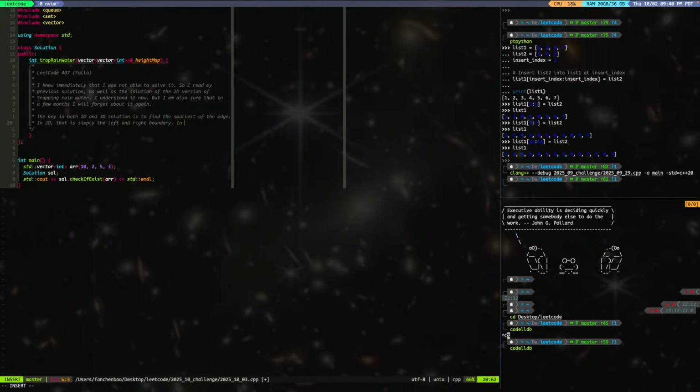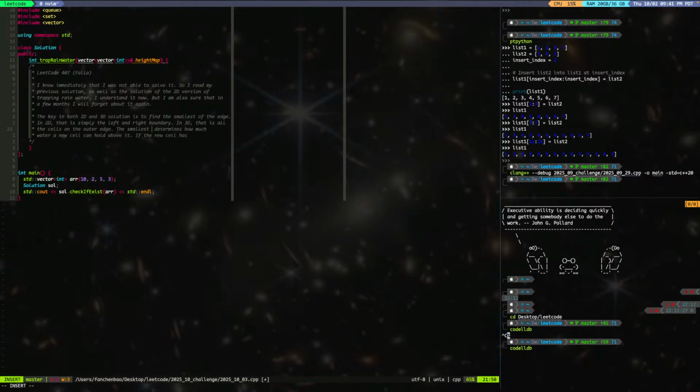In 3D, that is all the cells surrounding, all the cells on the outer edge, right? The smallest edge determines how much water a new cell can hold above it.